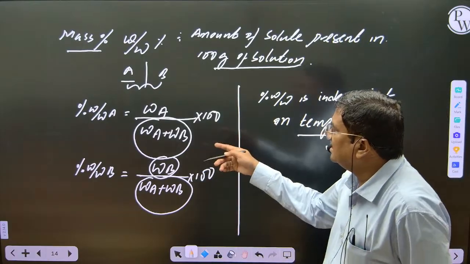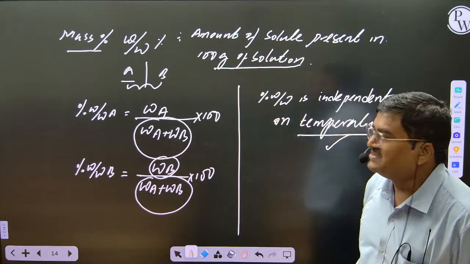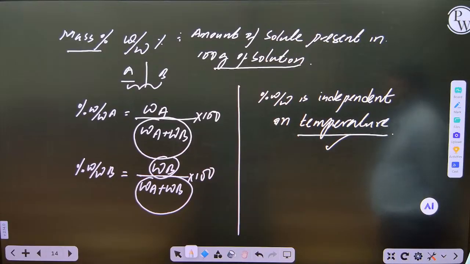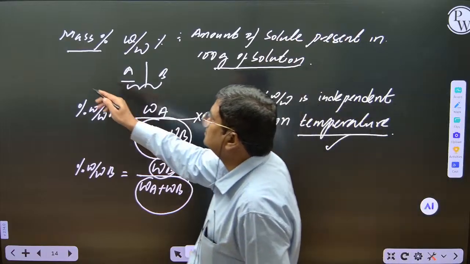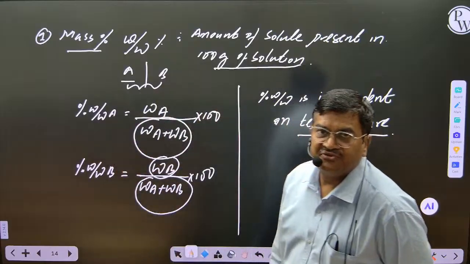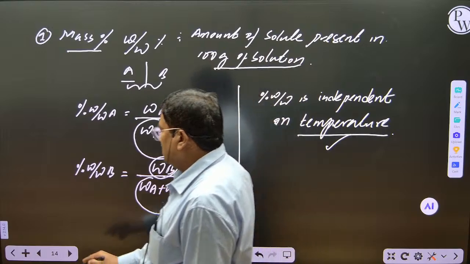Copied everyone? Now I give you one numerical; write this question related to mass percentage. Simple, no, students? Mass percentage is nothing but the amount of solute present in 100 grams. Now see, write one question to understand.